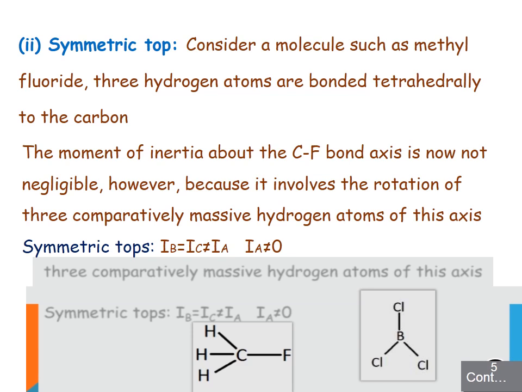Here we cannot consider the bond axis CF as negligible, because the three hydrogen atoms rotate keeping this axis as the principal axis.